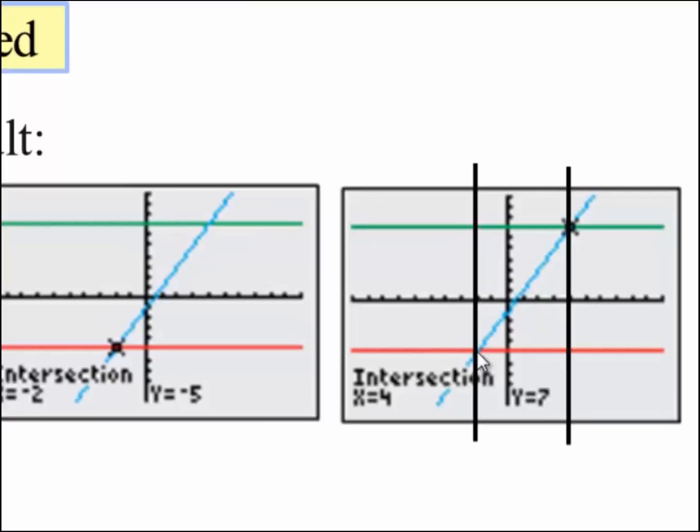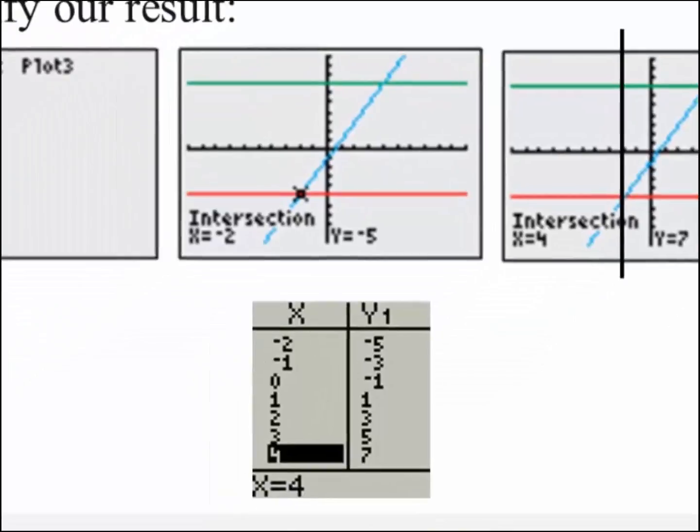So this is at x equals -2. And then this is at x equals a positive 4. So in between -2 and positive 4 on the x-axis, we have on the y-axis -5 and positive 7.